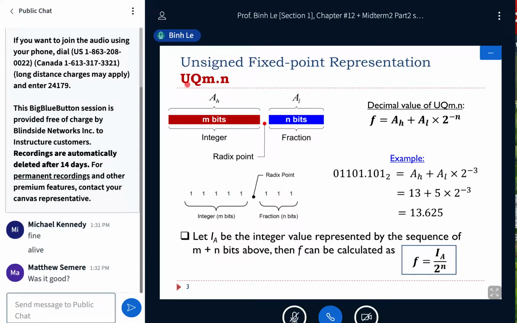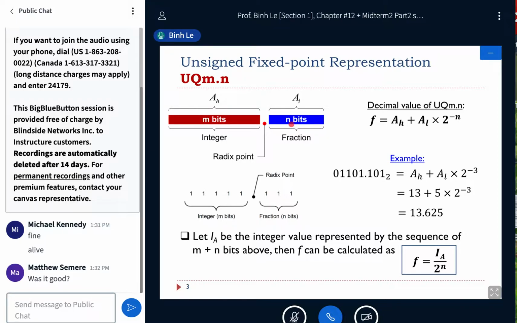Whenever you see something like UQm.n, that is an unsigned fixed point number.